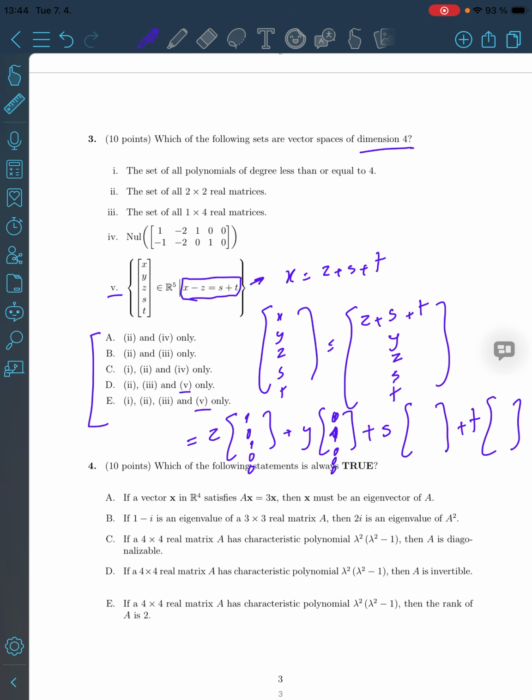For s, everywhere is 0 except one place, and for t you have 1 and everywhere else is 0. As you see, this subspace can be generated by these 4 vectors. Those are linearly independent. The dimension is 4. Therefore, this is one of the solutions of your question, right?